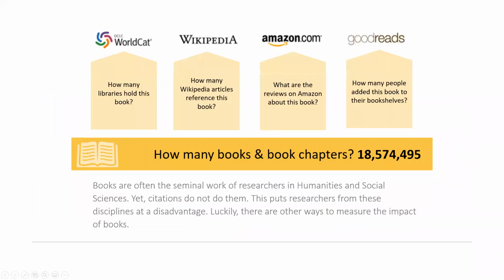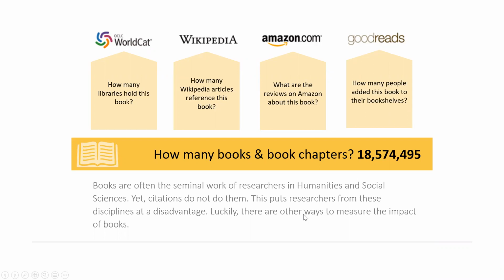And one more thing about the PlumX metrics is that we also have books and book chapters here, and we can plot, for example, how many libraries hold the book, how many Wikipedia articles reference the book, what the reviews on Amazon are about this book, or how many people added this book to their bookshelves based on Goodreads.